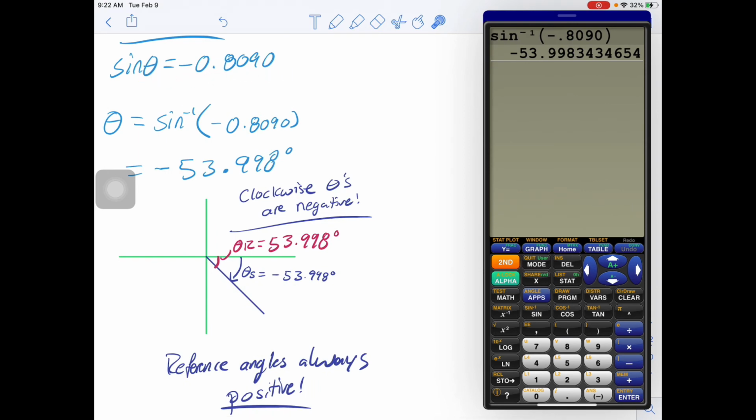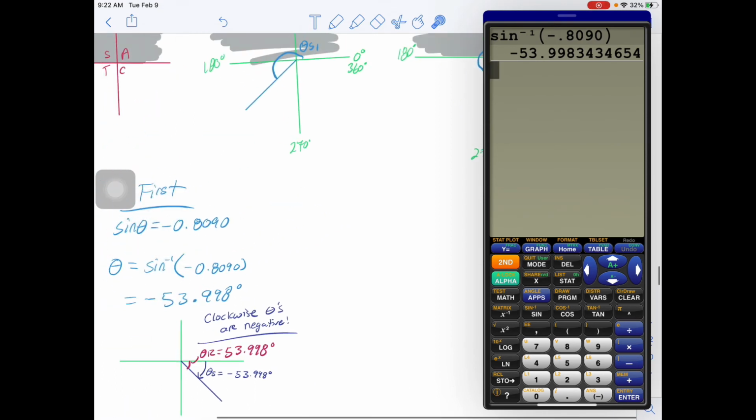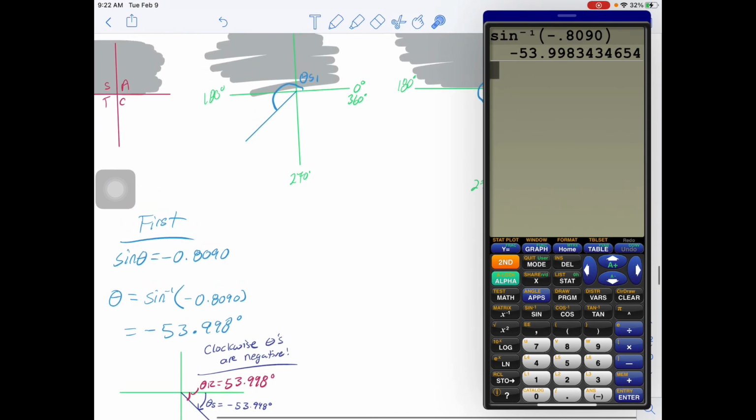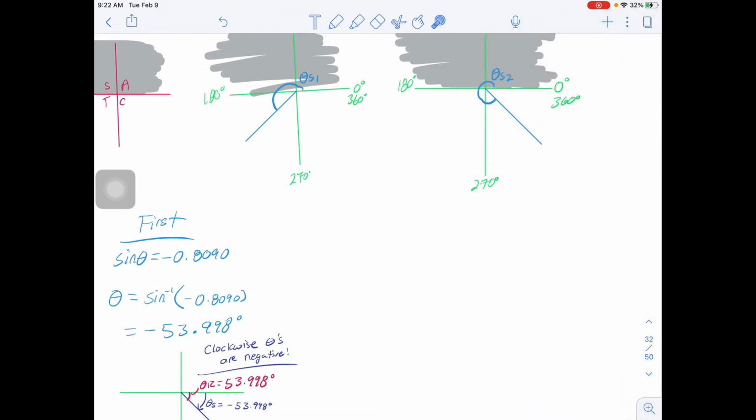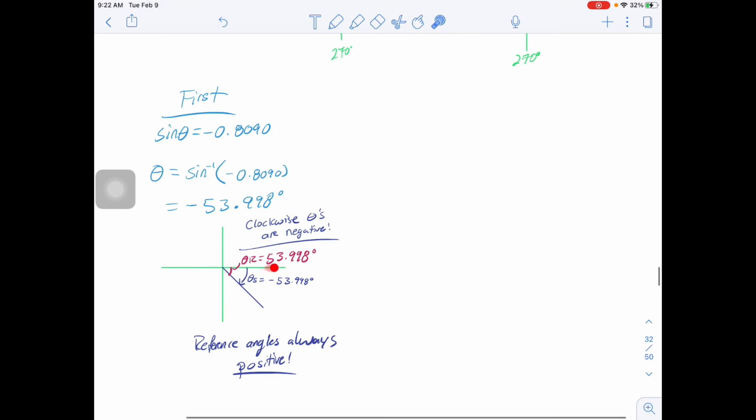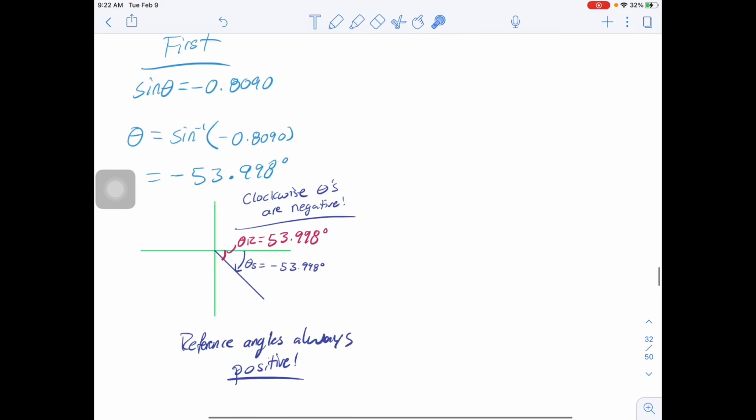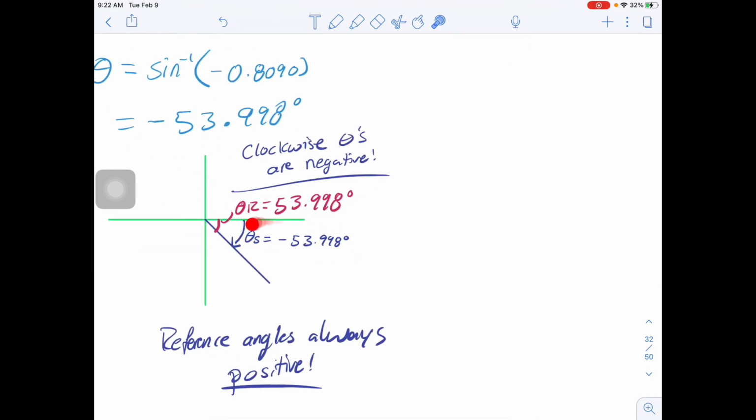And remember, every standard angle that gives us this ratio shares the reference angle. So even though this isn't one of our solutions, this has helped us find the reference angle to our solutions.